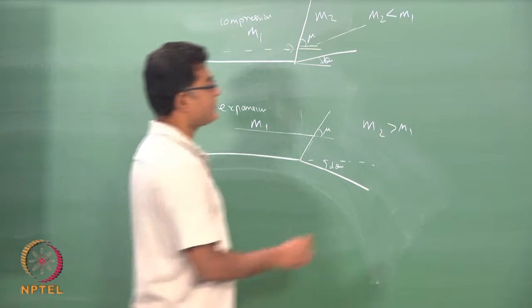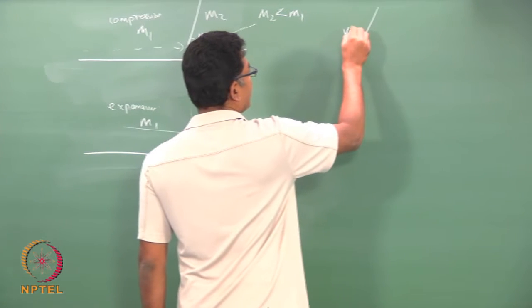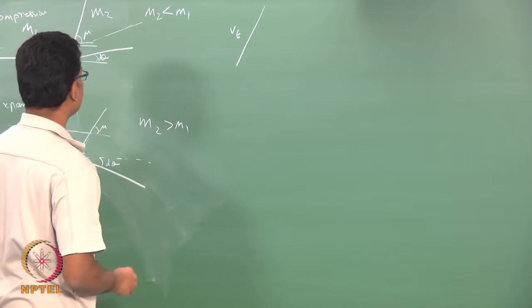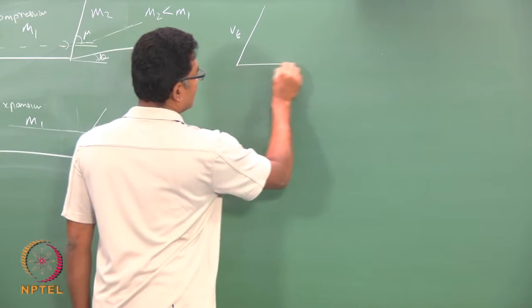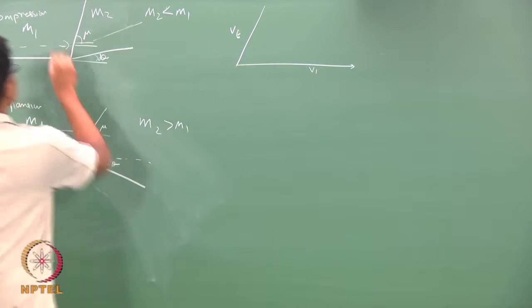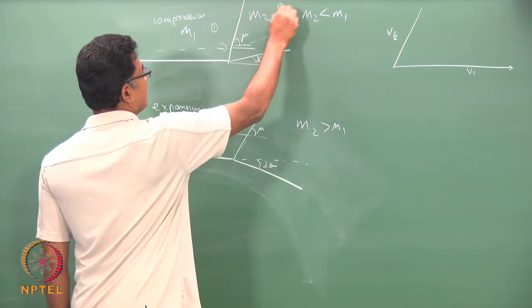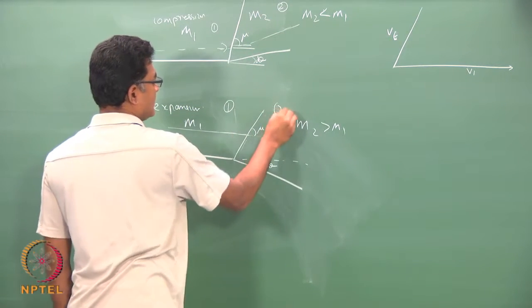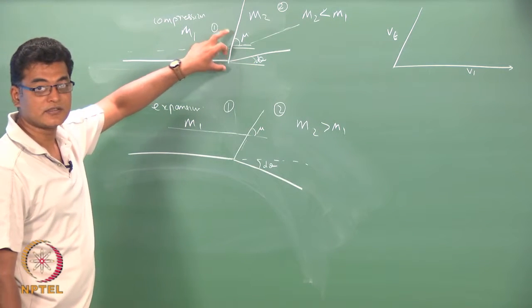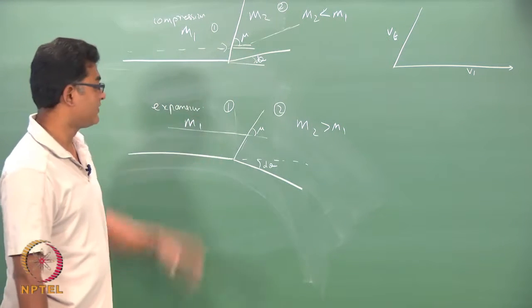This is clear when you draw your velocity diagram. So I have a V tangential, this is my V1. So before the wave is 1, after the wave is 2. So I was cautious enough to say not shock here, just a wave. So before the wave is 1, after the wave is 2.